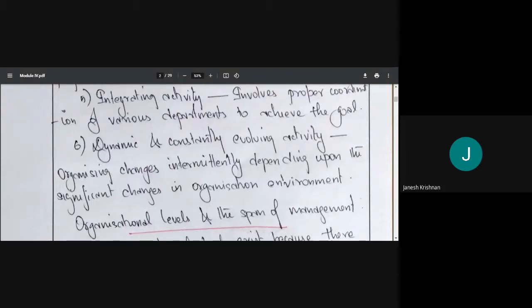It's not that everything will go as per plan. Right? The judge might be late. The guest might get stuck in traffic. So we have to change at that moment. We'll have to do something else. Sometimes the schedule will go wrong. We can't control that. So there will be changes. It's constantly moving, constantly evolving activity.